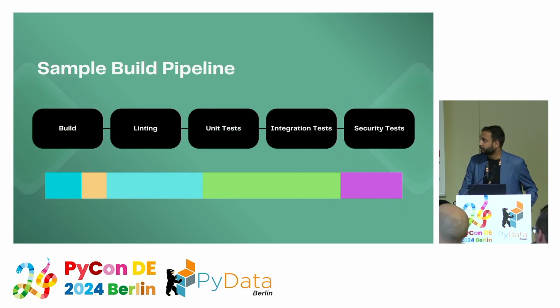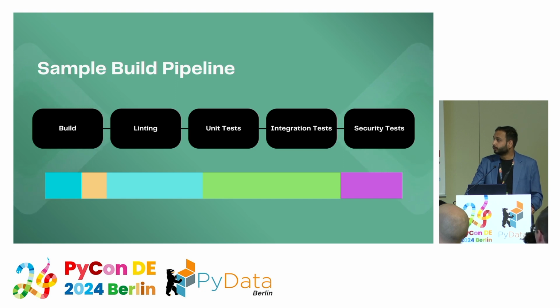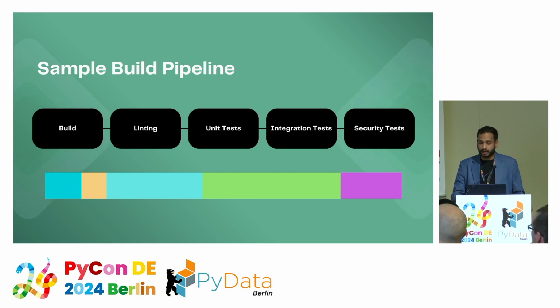This is a sample build pipeline. You have a build pipeline, a linting pipeline, unit tests, integration tests, and security tests. This is a representation of how much time it takes to execute each individually.